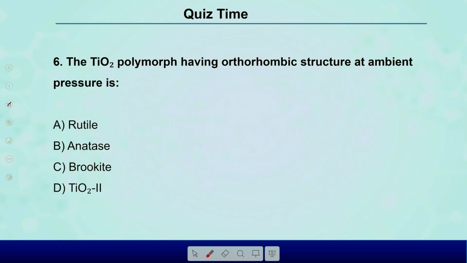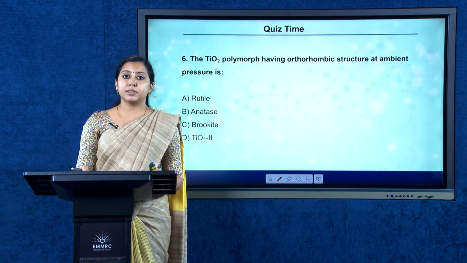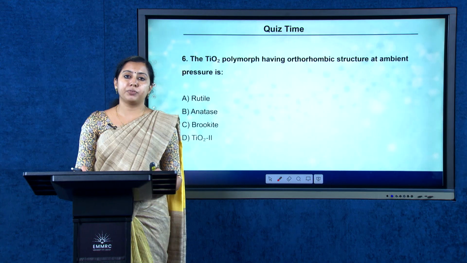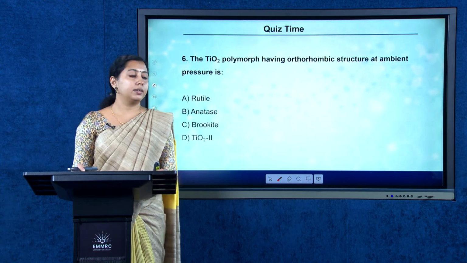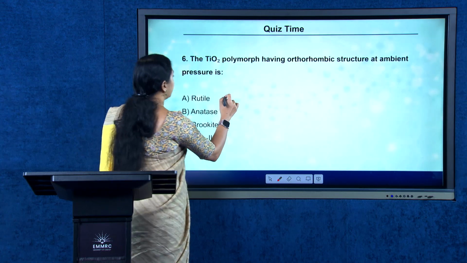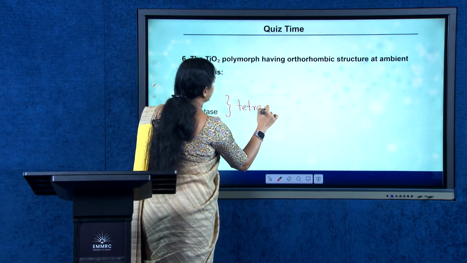Last question. The TiO2 polymorph having orthorhombic structure at ambient pressure is option A, rutile, option B, anatase, option C, brookite, and option D, TiO2 II. We have discussed the three crystal structures of TiO2. Anatase and rutile both have a tetragonal structure, one with a dense form.